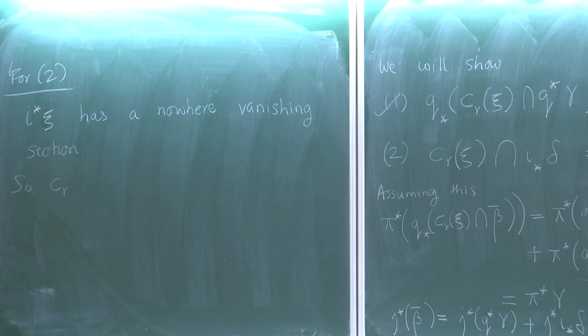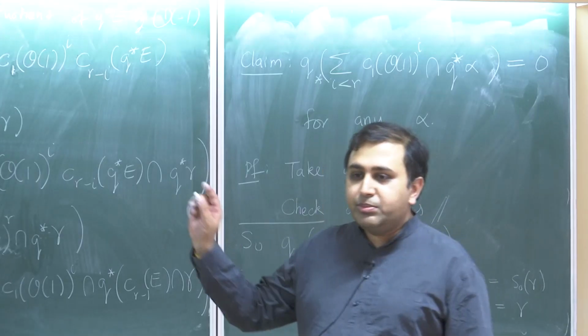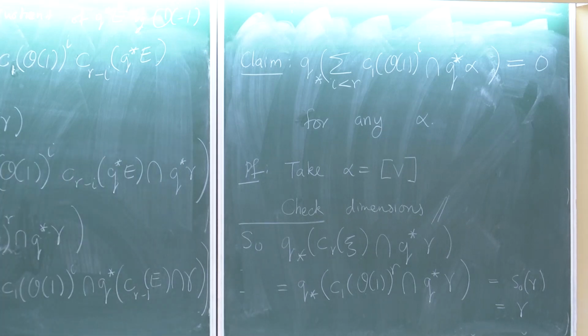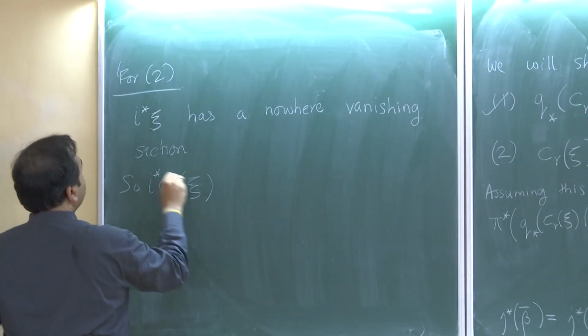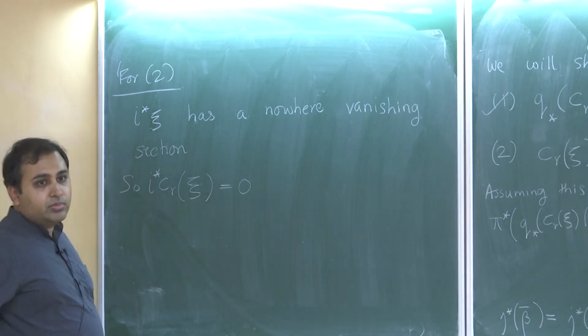A section of E plus 1 will give you a section of the quotient, but the question is, why is it non-vanishing? Let me write down the rest of the argument, and then we can talk about why there is a non-vanishing section. Because there is a non-vanishing section, I upper star of this is equal to 0.